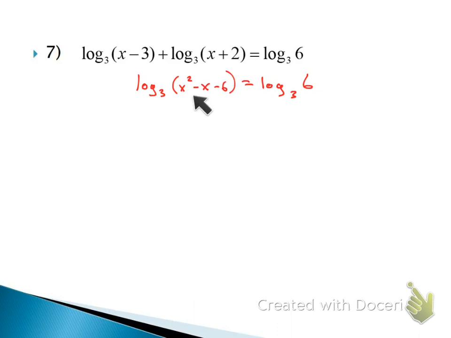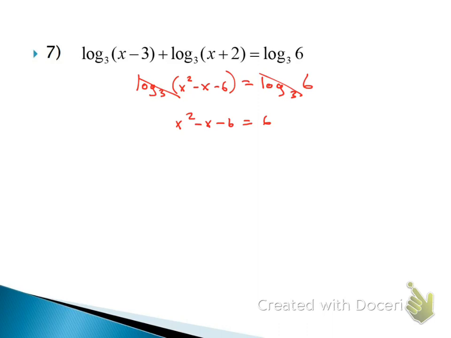And then when you have log base 3 equal to log base 3, you do what? Drop it like it's hot. We drop it like it's hot. See, that was me as gangster as I can get. X squared minus x minus 6 equals 6. And now we have a quadratic equation.